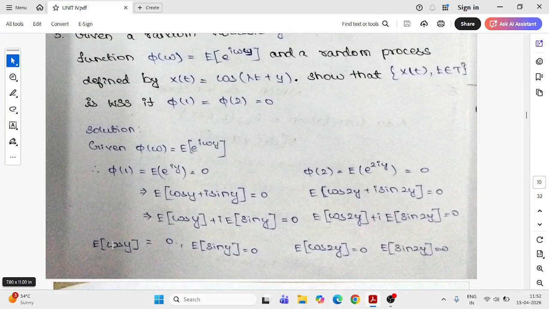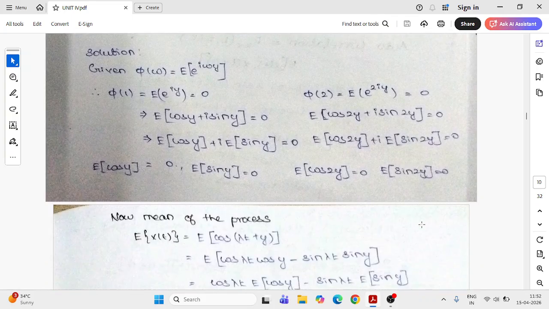So we get that E[cos Y] equals 0 and E[sin Y] equals 0. Similarly, another condition, Φ(2) equals the expectation of e^(2iY) equals 0. This e^(2iY) is cos 2Y plus i sin 2Y. When you take the expectation inside, E[cos 2Y] plus i E[sin 2Y] equals 0. So when you equate this, E[cos 2Y] is equal to 0 and E[sin 2Y] equals 0.